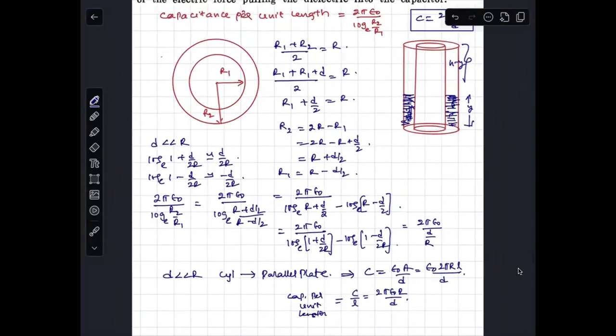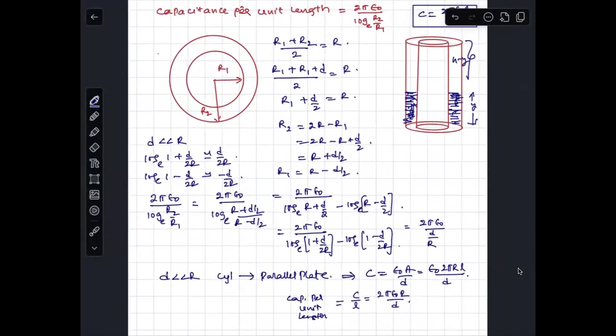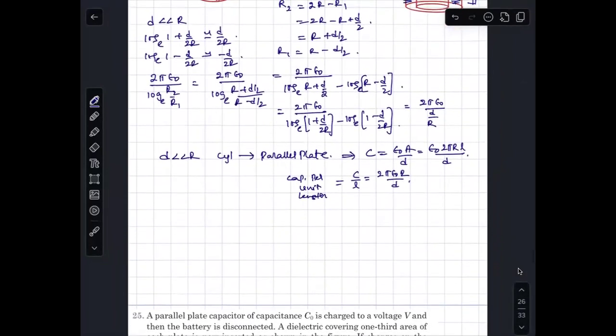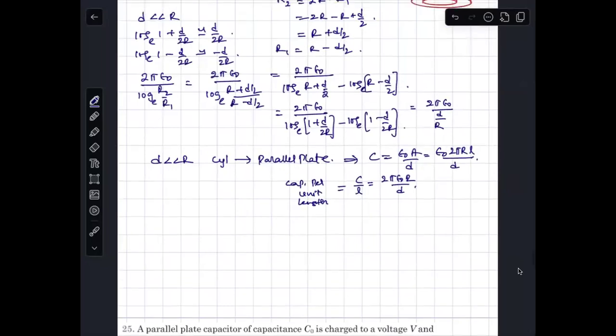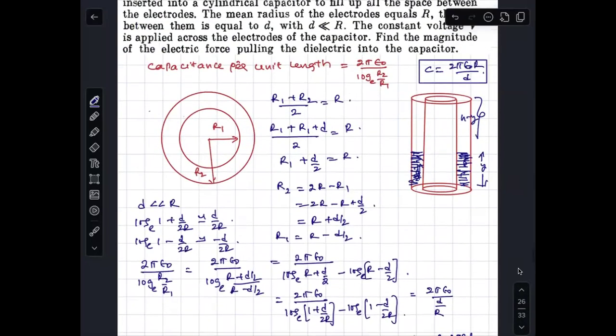Instead of the foolish way of deriving this much, you could assume it like a parallel plate capacitor. This is also capacitance per unit length. Okay, now ignore all that. 2 pi epsilon naught R by D is the capacitance per unit length.